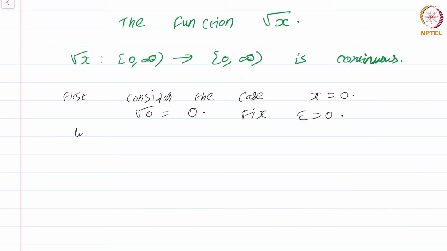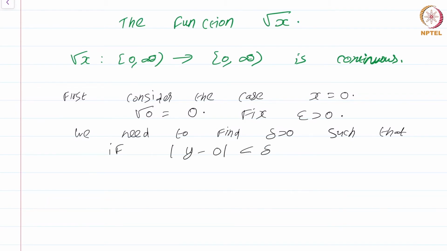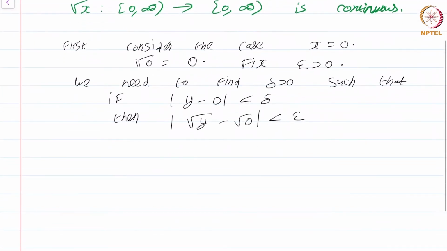We need to find delta greater than 0 such that if mod y minus 0 is less than delta, then mod square root of y minus square root of 0 is less than epsilon. So essentially we have to find a delta such that mod y less than delta implies square root of y less than epsilon.